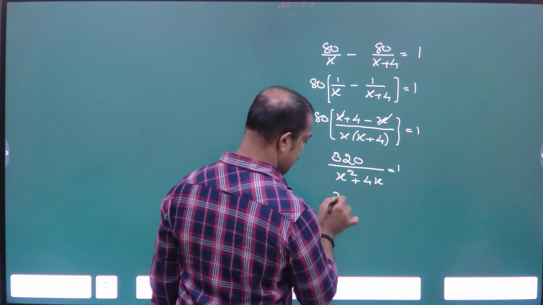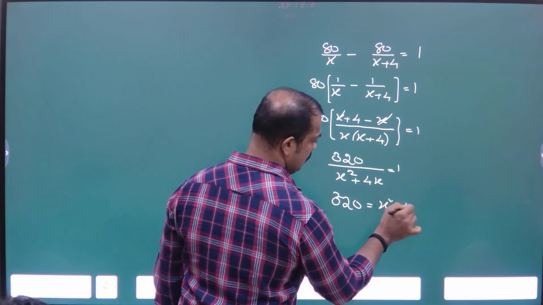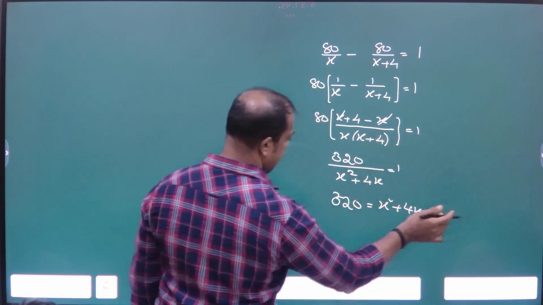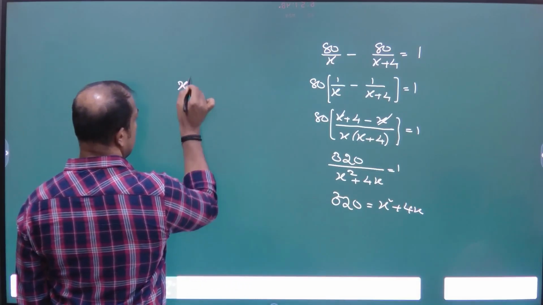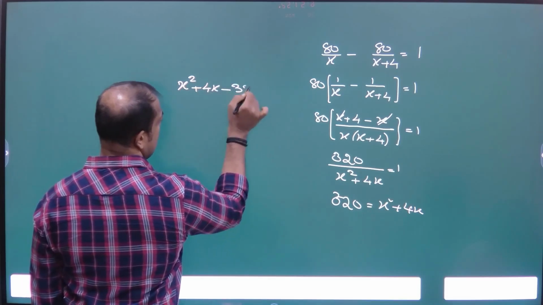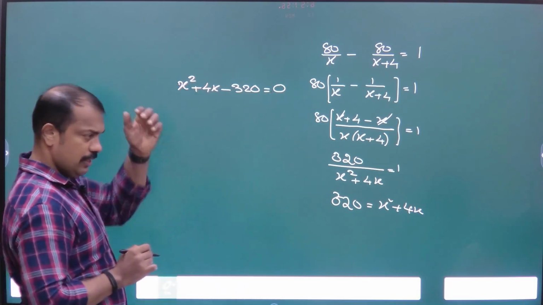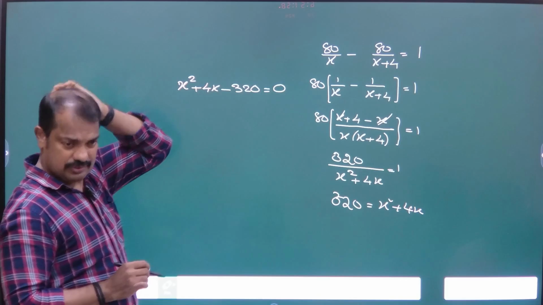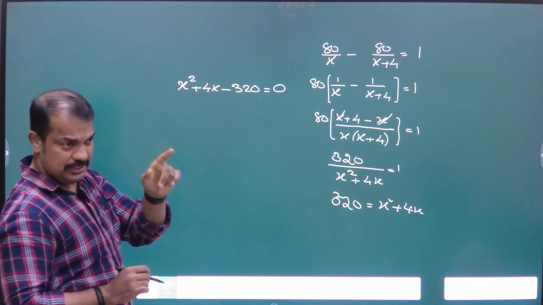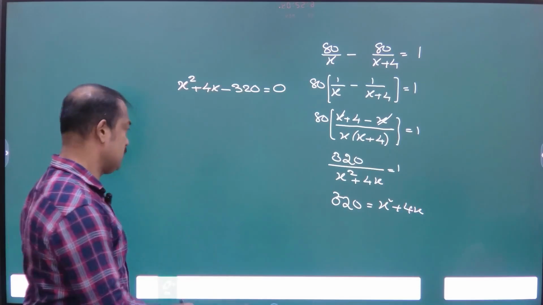Cross multiply, 320 is equal to x squared plus 4x. Shift all one side, so x squared plus 4x minus 320 is equal to 0. 16 and 20 are the factors, है ना, 20 into 16 कितना है, 320. यहाँ तो चेक कर दो प्राइम फैक्टराइजेशन मेथड.